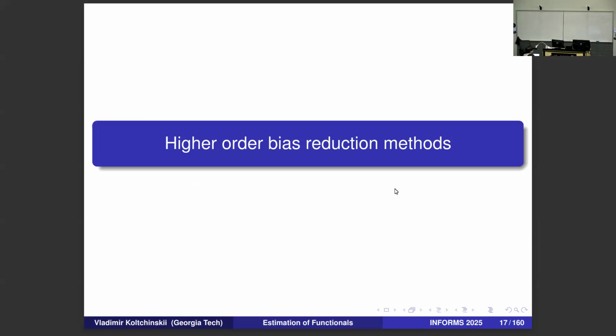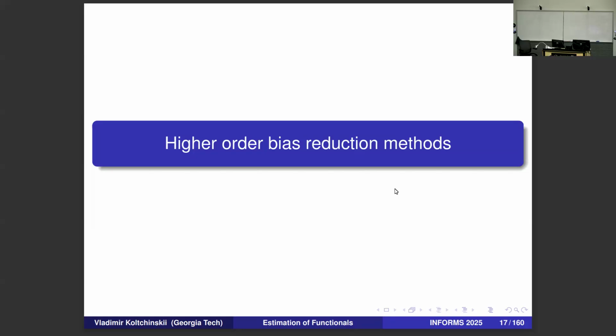It turns out that the main reason why plug-in estimators based on maximum likelihood generally do not work in high dimensional problems is that when you have a nonlinear functional and you plug in some estimator that is even unbiased or has small bias, by plugging it into the nonlinear functional you can increase the bias dramatically, and this is very important in high dimensional space.